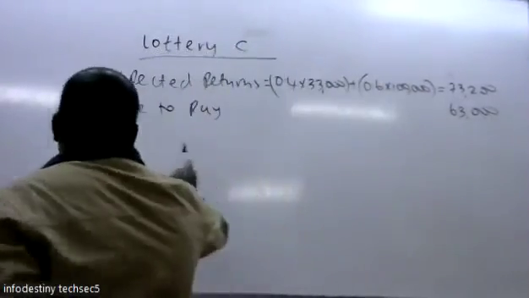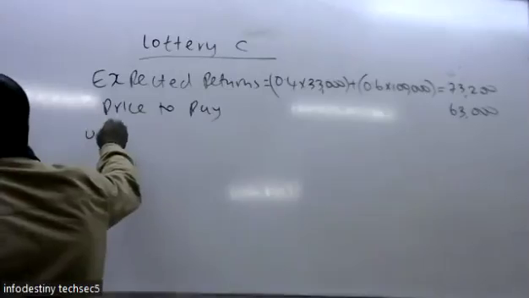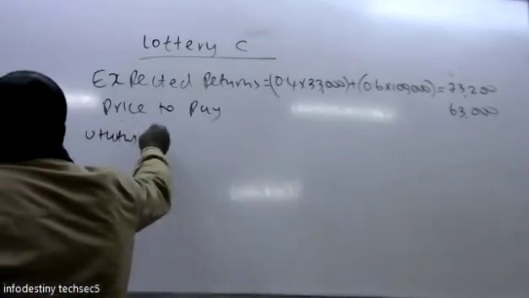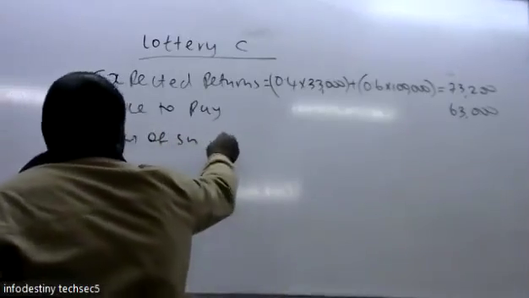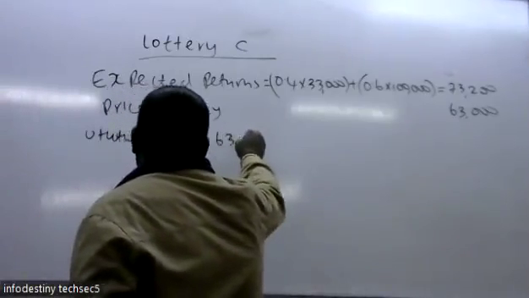So we also compute the utility. We also calculate the utility of shillings 63,000.